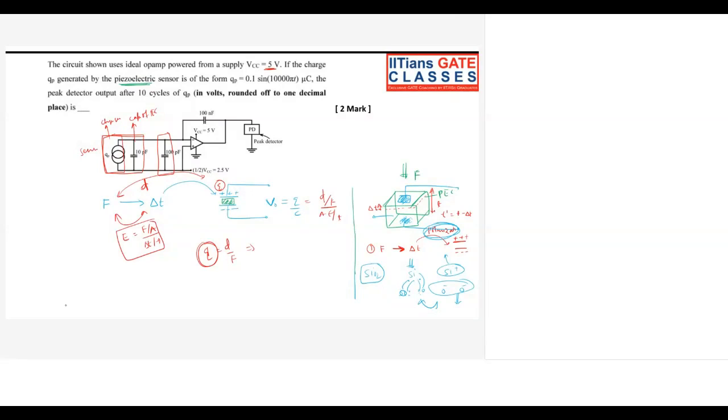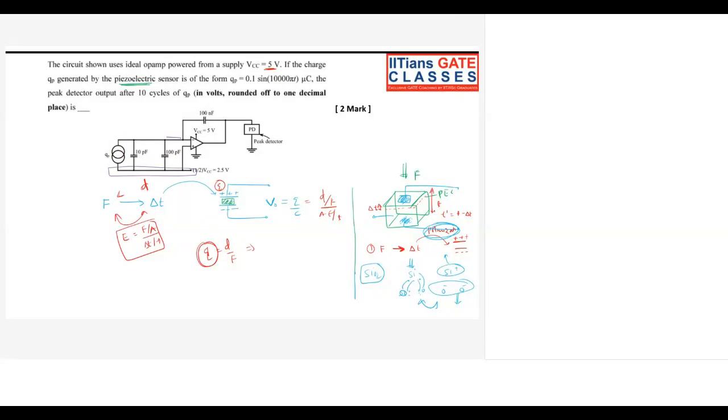If you see here, this negative supply is given as 2.5 volt, and the positive supply is also 2.5 volt. And from the virtual ground concept, whatever voltage is here will directly appear at the negative terminal.